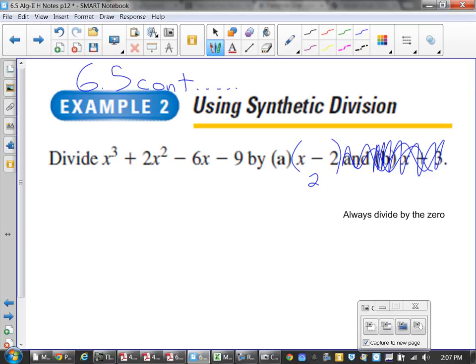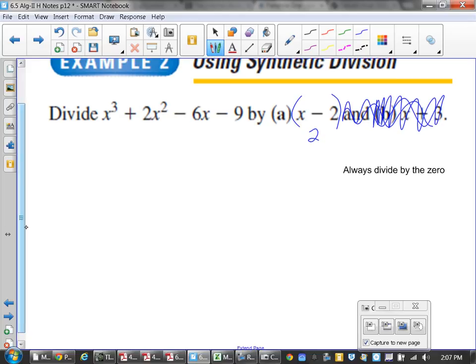So going into division here, remember what we do is just take out all of our coefficients, put zeros in for placeholders if we need be. So when I do that, I'm going to have a 2 on the outside, because that was my 0, this was my term. When I put all my coefficients in, we've got a 1, 2, -6, and -9. We all remember this now, right?